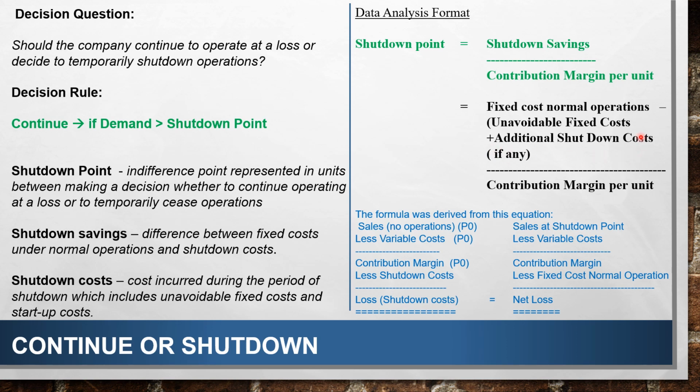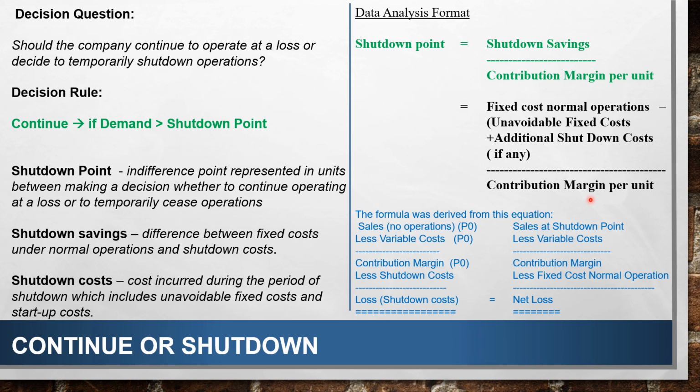So this is the shutdown savings: fixed cost under normal operations less the shutdown cost, which is also the unavoidable fixed cost and an additional shutdown or startup cost if there is, and divide them all by contribution margin per unit.